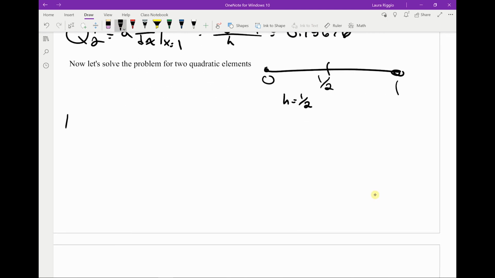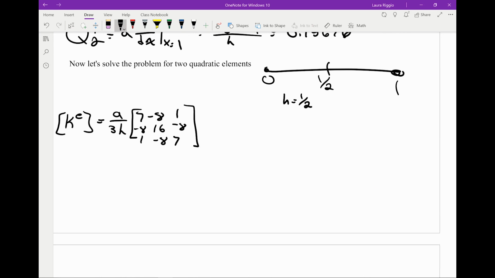I want to say that KE is equal to A over 3H, 7 minus 8, 1, minus 8, 16 minus 8, 1 minus 8, 7, plus CH over 30, times 4, 2, minus 1, 2, 16, 2, minus 1, 2, 4.